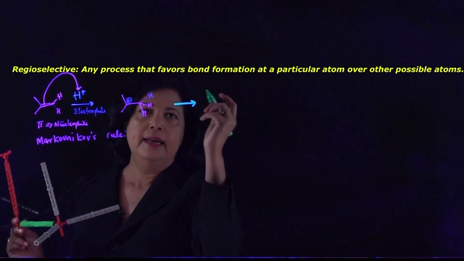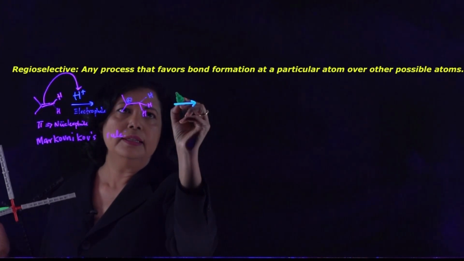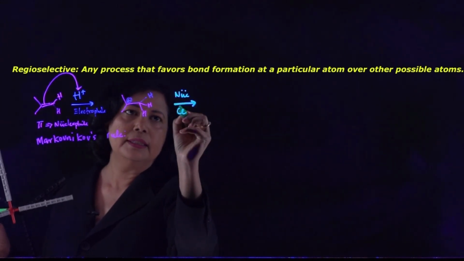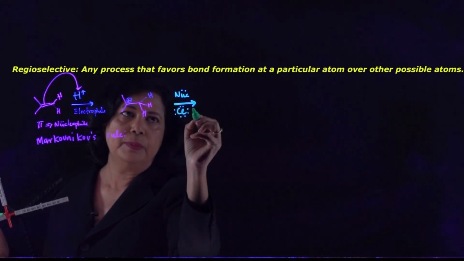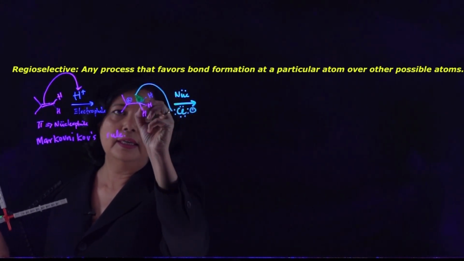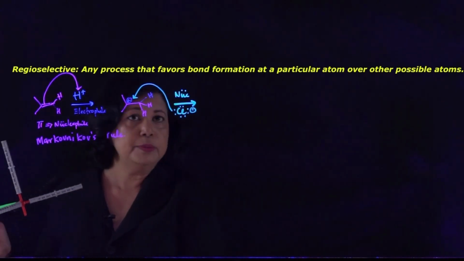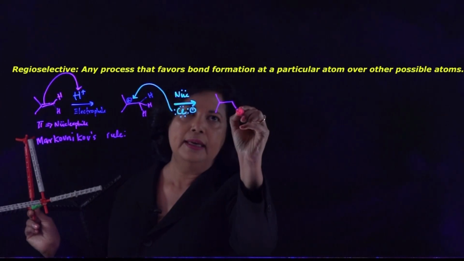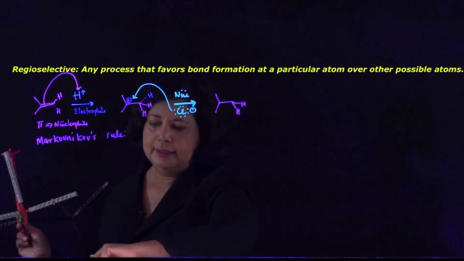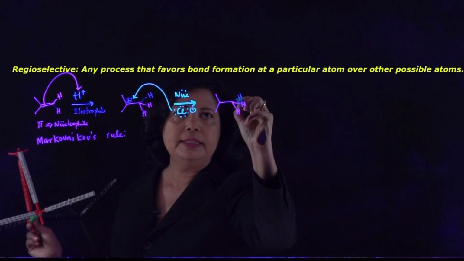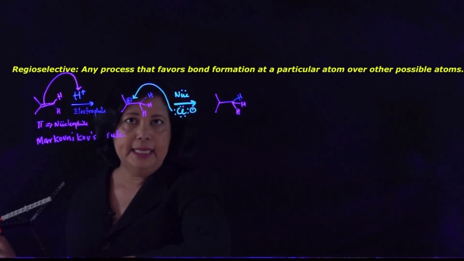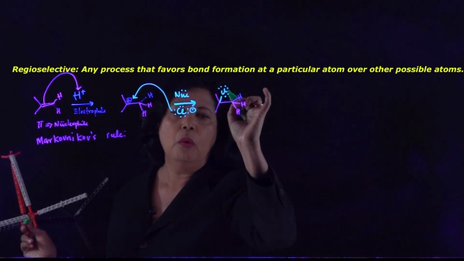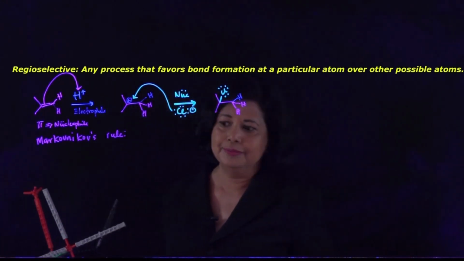In this case, let's say the nucleophile is a halogen, chloride minus, an electron-rich species. So that is going to then attack your more substituted carbocation, forming an alkyl halide. This is something that you will see with a lot of the acids and also with water and acids.